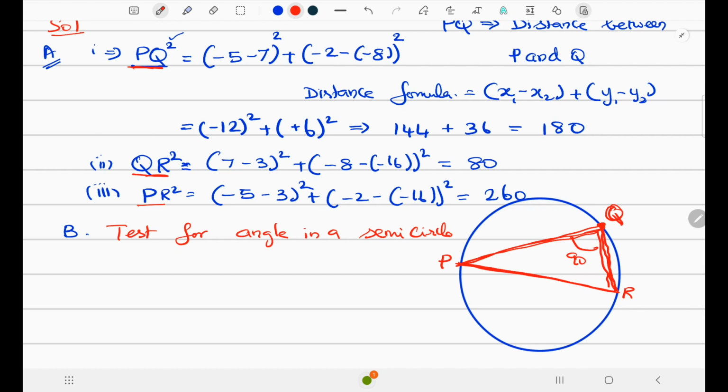What are the two tests? The first test is the Pythagoras theorem. And second, we need to find the gradients, m1 times m2 must be equal to -1.